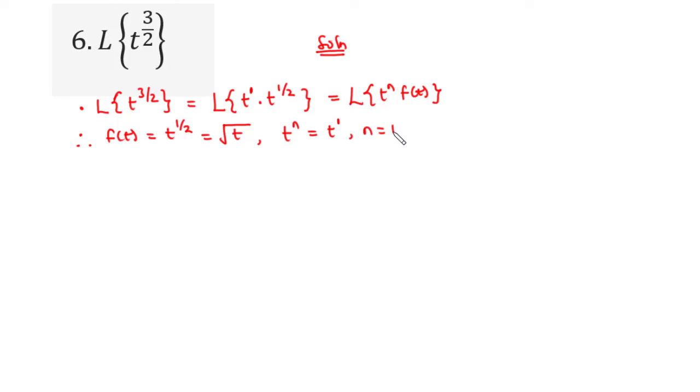So how do we find the Laplace transform of the function given? First of all, we need to find the Laplace transform of f of t, which is the square root of t.